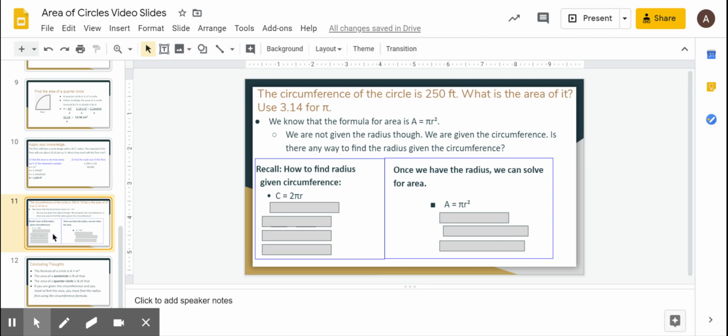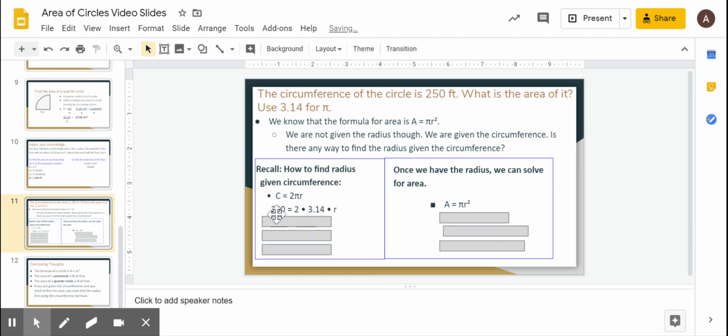In the next example, we have: the circumference of a circle is 250 feet. What is the area of it? Use 3.14 for pi. In this case, we know that the formula for area is area equals pi r squared. But we're not given the radius. We're given the circumference. Is there any way to find the radius given the circumference? Well, let's recall: C equals 2 pi r.